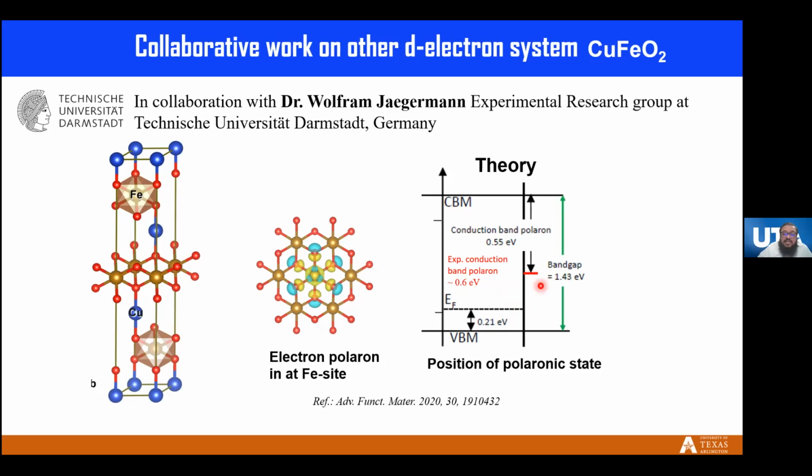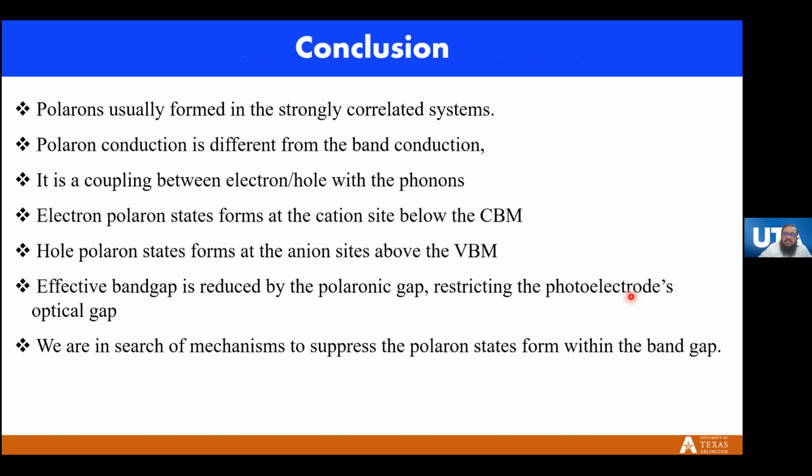As you can see, we get the electron polaron created at about 0.55 electron volt. No, sorry, we had a problem with the hole polaron, but the electron polaron was pretty good in here: 0.55 electron volt versus the experimental value of 0.6 electron volt. But for the hole polaron, we did not get good correspondence. Now, this is the conclusion slide.